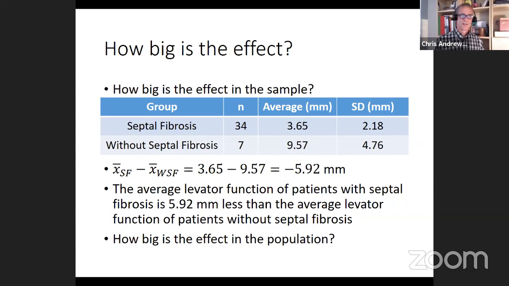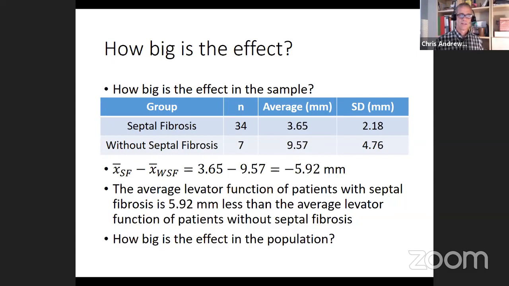Just like there's variability in measurements, I mentioned those standard deviations in the table, 2.2 and 4.8, there's variation in our difference in two means. For these 41 patients, we happen to get minus 5.9, but we very easily could have gotten something else with a different 41 patients or some other collection of data.